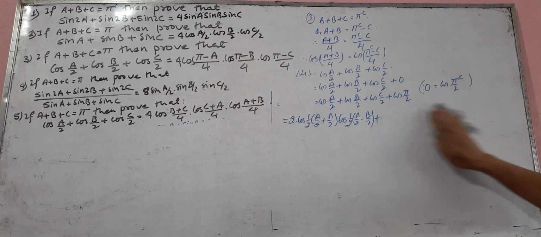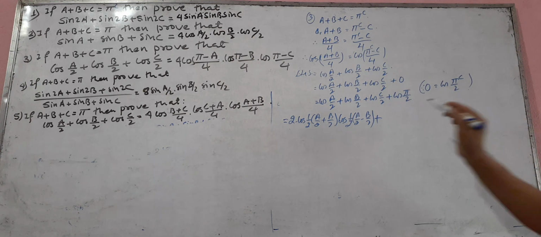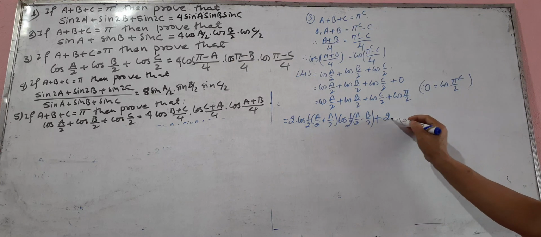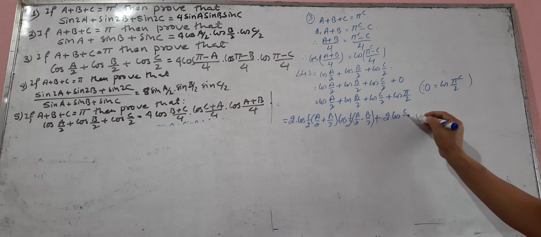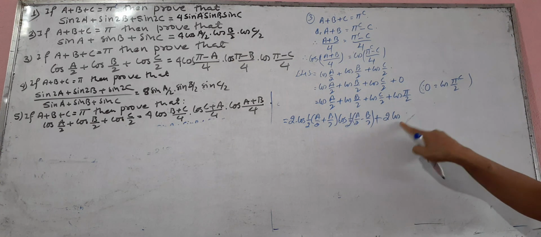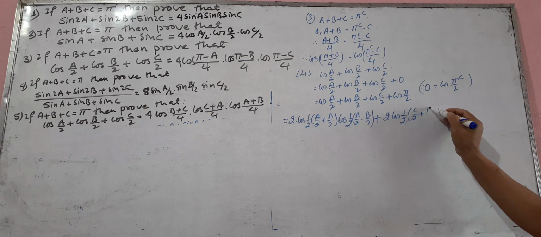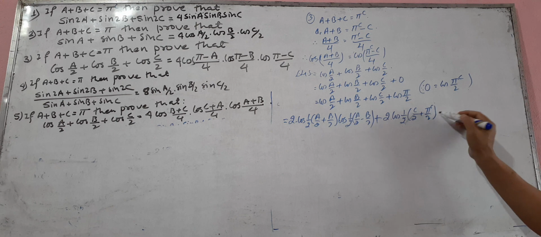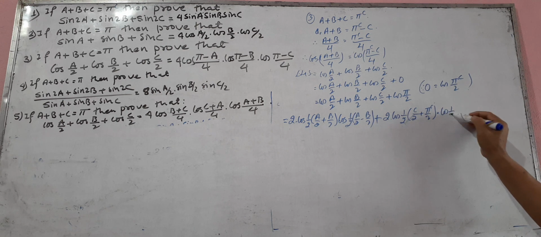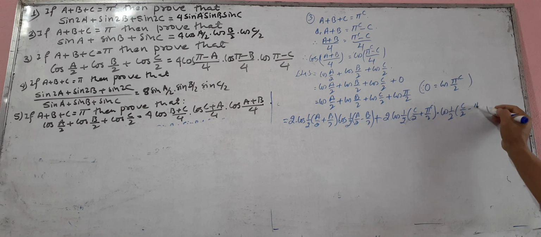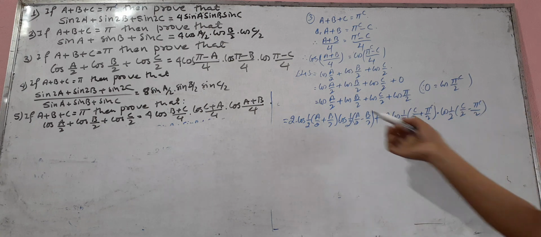Okay, I clear this here. 2 times cos 1 by 2 times c by 2 plus pi radian by 2, times cos 1 by 2 times c by 2 minus pi radian by 2.